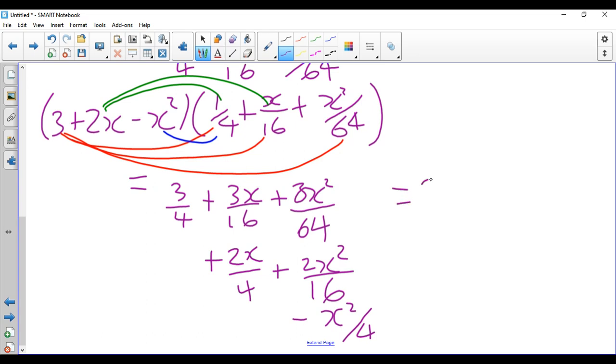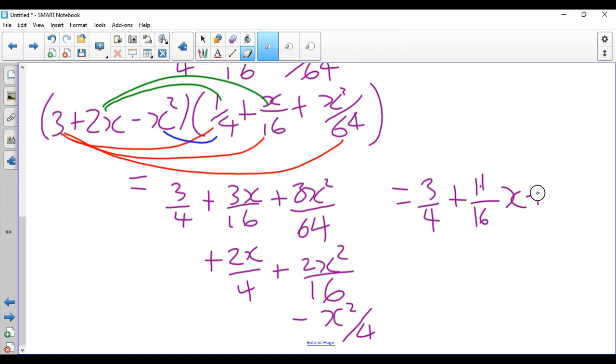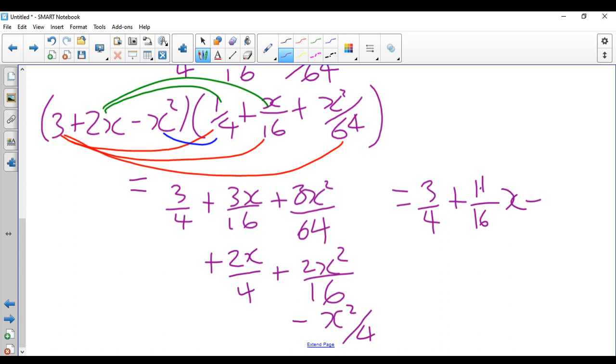Add them all up: 3 quarters plus, now 3/16 plus 2 quarters is 11/16 of x, plus, get the sign right on this one, if I take 3 over 64, 2 over 16 and take away a quarter, I get minus 5 over 16, x squared.